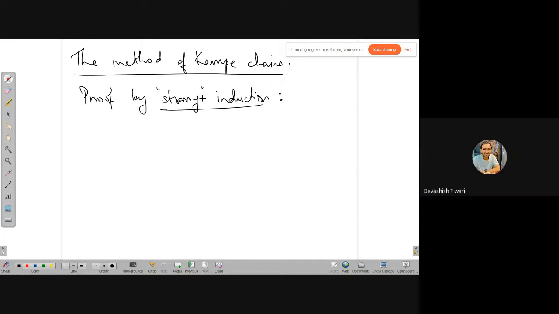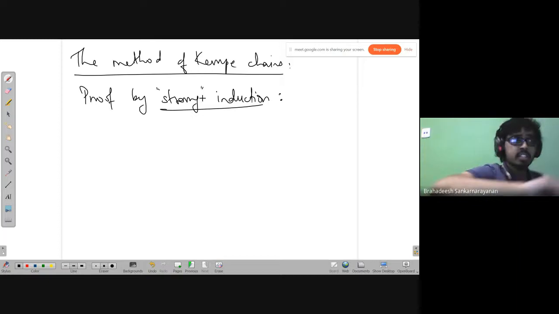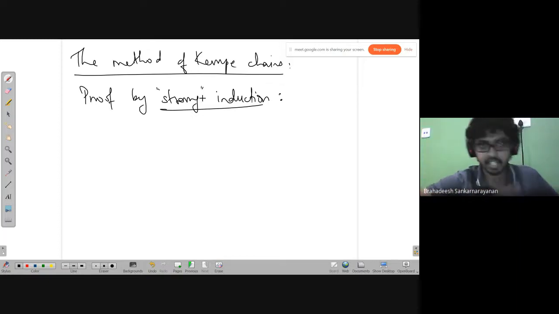Right. So strong induction says the following. The base case remains the same; you have to demonstrate that the base case is true. The induction hypothesis: suppose it is true for all values from 0 up to n, then it is true for n plus 1. So you take as the induction hypothesis that the statement is true not just for n, but for all values 0, 1, 2, 3, all the way up to n.